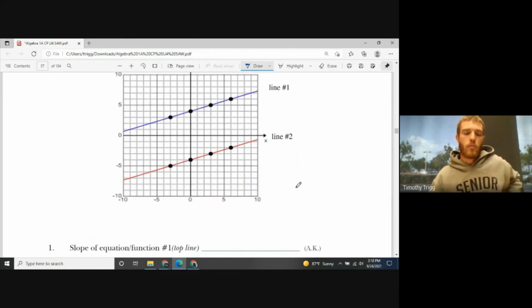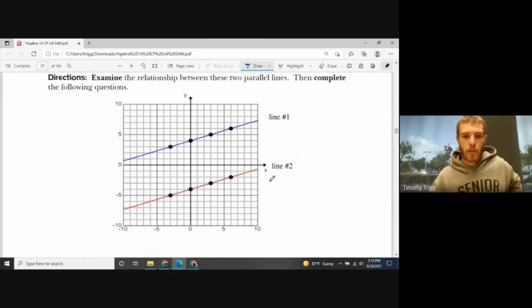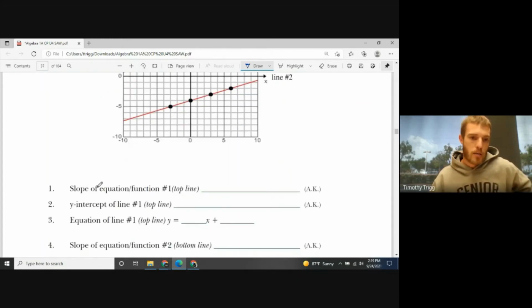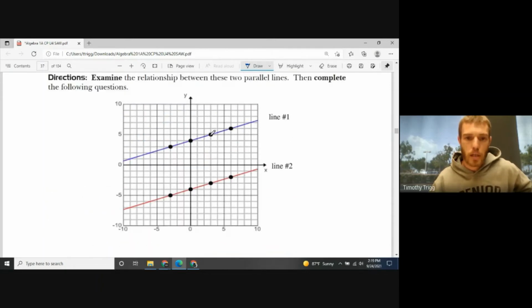So let's examine a little bit about this. First, let's look at line 1, the blue line. What's the slope for line 1? We can look at any 2 points. So I'm going to look at this point and this point, and I want to find the rise over run. The rise is 1, and the run is 3.